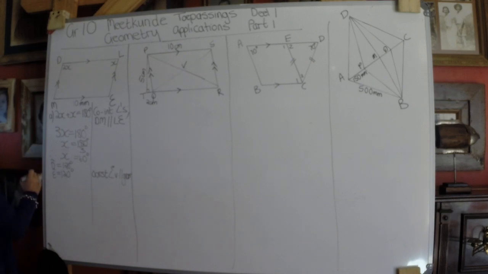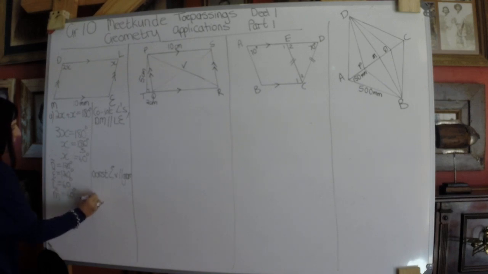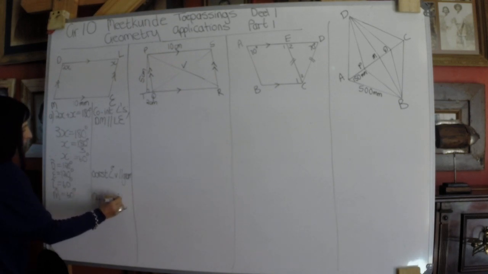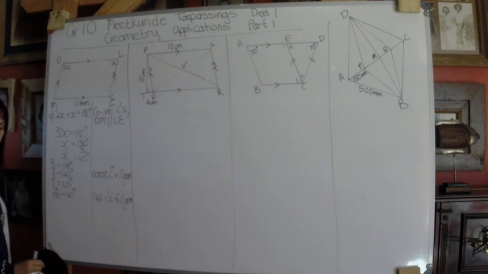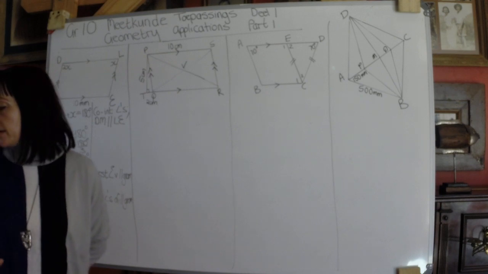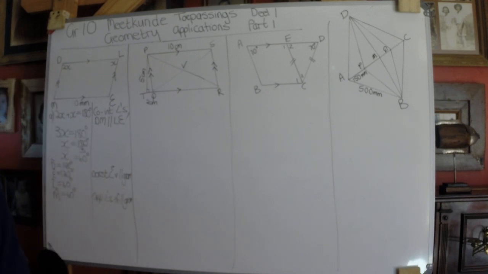So then I can also say that angle L is going to be 60 degrees, and for the same reason gaan M ook gelyk wees aan 60 grade, because that's also opposite angles of a parallelogram. So I've answered my first question, determine the value of x, and hence give the angle sizes.